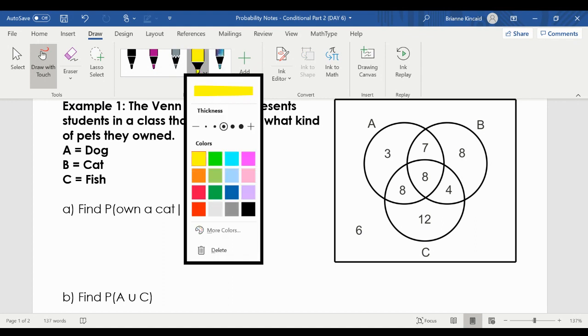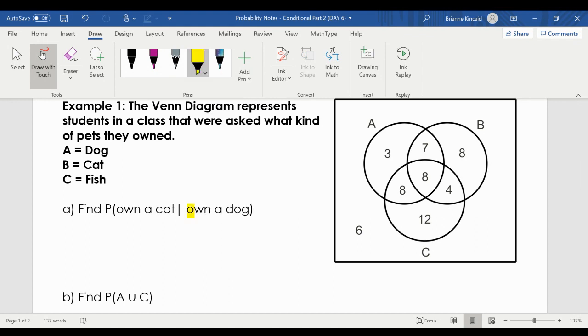So given they own a dog, the circle dog is circle A. So when I highlight this circle, I have 26 numbers in there. If I add 3, 7, 8, and 8, that's going to give me 26. So that's going to be my denominator. And then in my numerator, they own a cat.